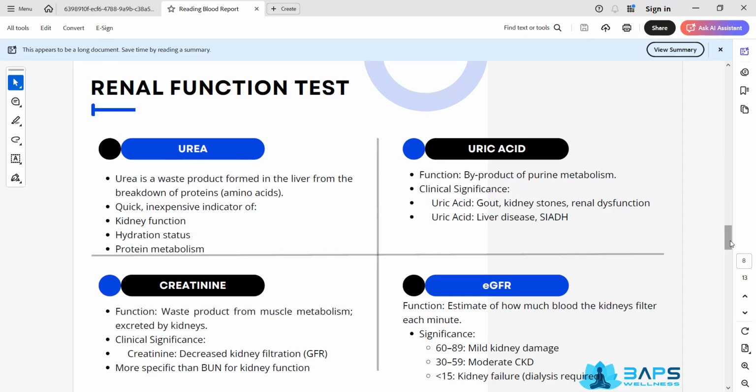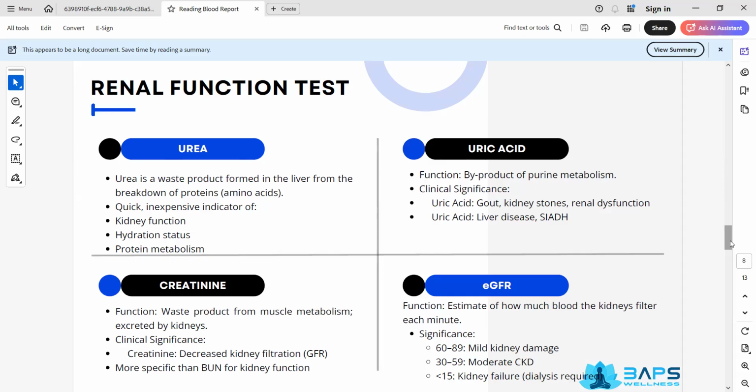If it crosses 2, then automatically it is some stage of CKD, that is chronic kidney disease, or towards kidney failure. So the creatinine is the waste product from the muscle metabolism and excreted by the kidneys. If this is more, then GFR will be less.